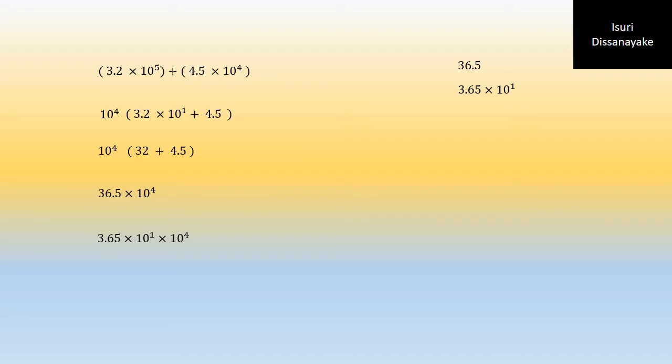So 36.5 is 3.65 multiplied by 10 to the power 1, which is this. And then you link it with 10 to the power 4. Finally, 3.65 multiplied by 10 to the power 5 is the answer.